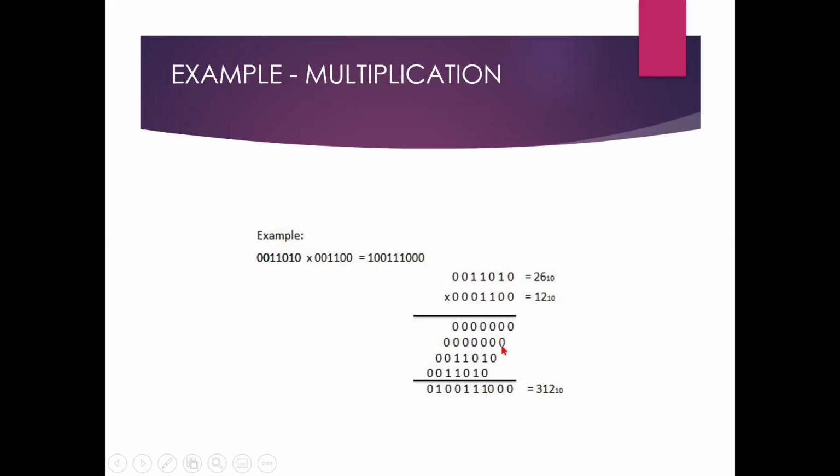Again, another 7 zeros, right? Next with 1, the same number will come. When you multiply this number with 1, the same number will come. So, 0, 1, 0, 1, 1, 0, 0. Once again, because you are multiplying with 1, 0, 1, 0, 1, 1, 0, 0. We are not going to multiply with these zeros again because it's going to be 0.